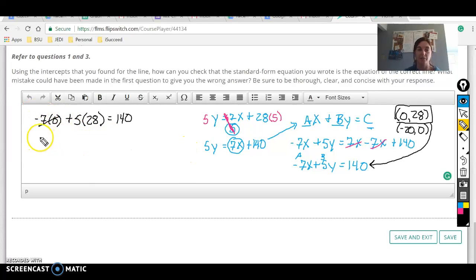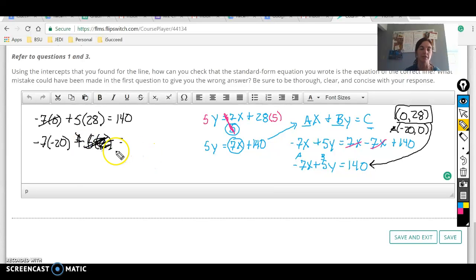The next thing that I'd want to do is take negative 7 times negative 20, which was my other point, okay, this point right here, and then add 5 times 0. There we go. This goes away.